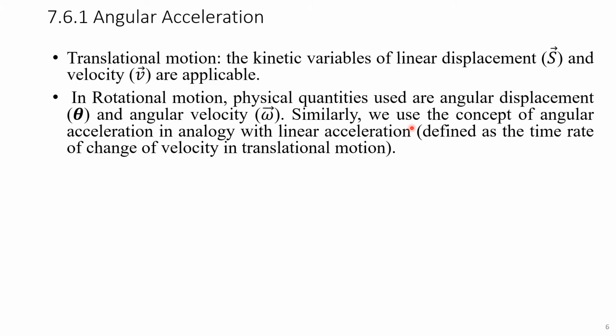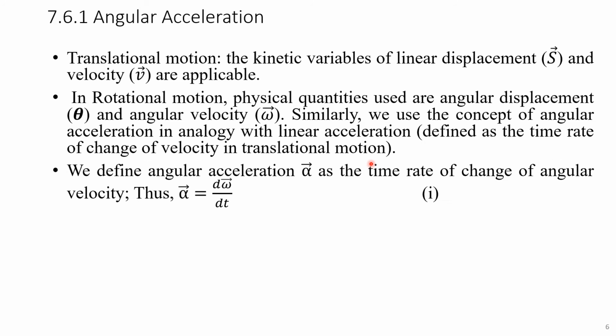Similarly, we also use the concept of angular acceleration in analogy with linear acceleration, which is defined as the time rate of change of velocity in translational motion. Here, in rotational motion, we define angular acceleration vector alpha as the time rate of change of angular velocity omega.